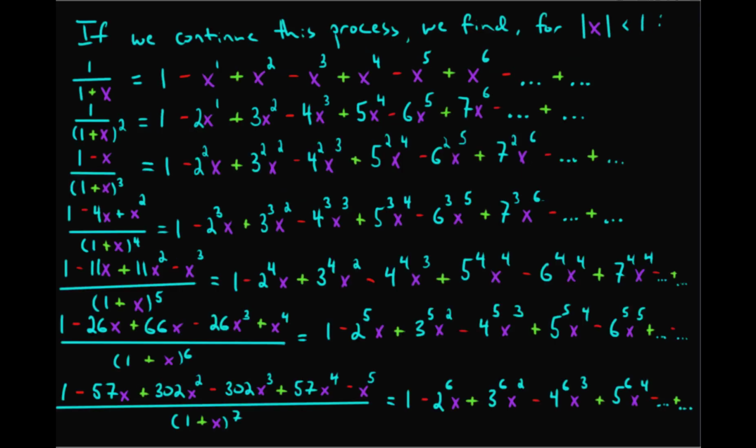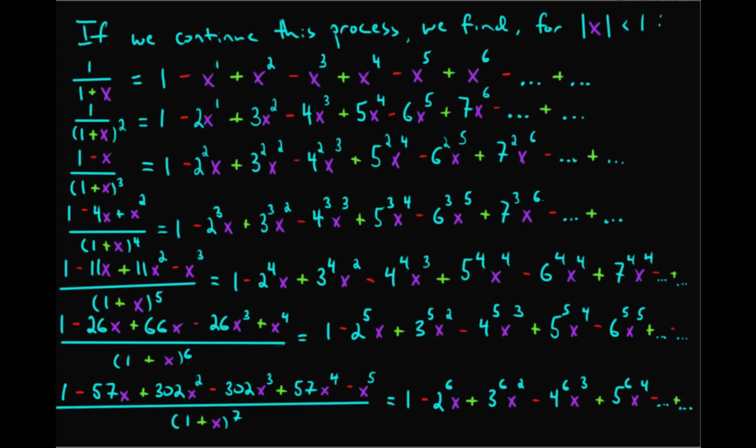So we can repeat this process as many times as we want. If we start with the function 1 over 1 plus x and its associated alternating geometric series, and then we multiply that function by x and differentiate, and then take that resulting function, multiply it by x and differentiate, and so on, we get the following list of functions and their associated series that they represent.